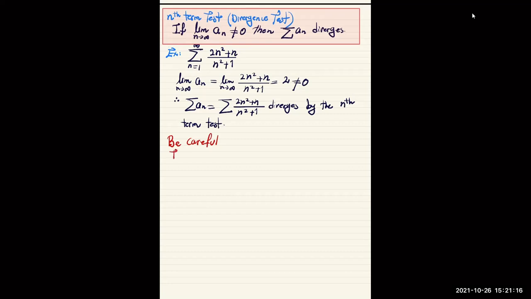Okay, if the limit of the nth term is equal to 0, then we cannot say that the series converges.